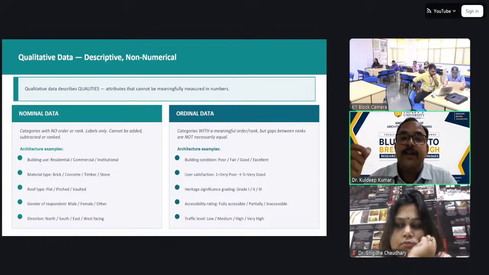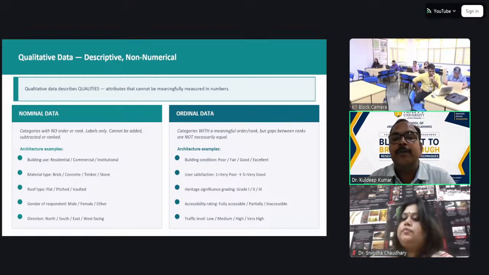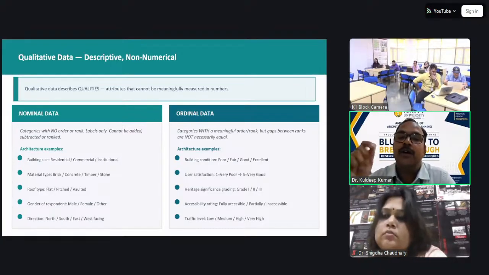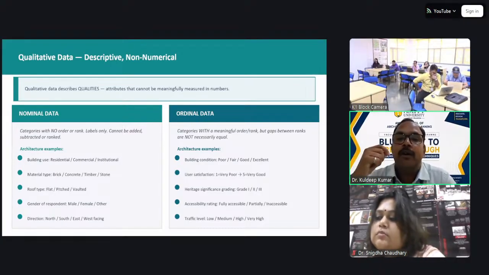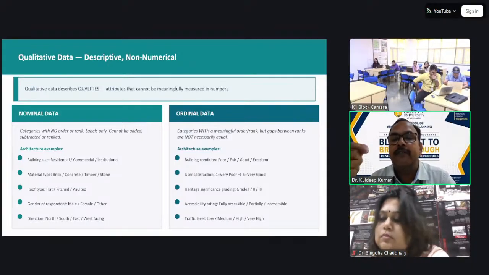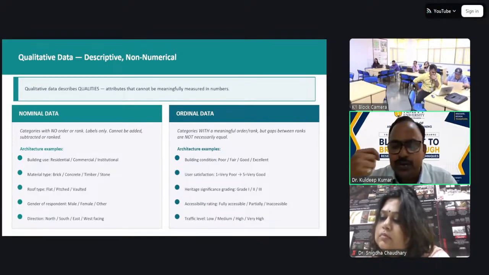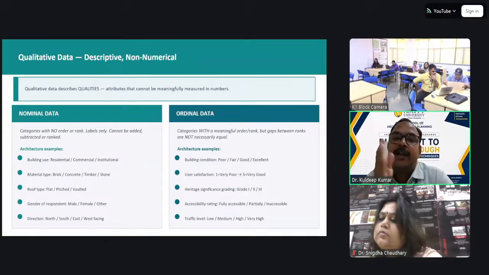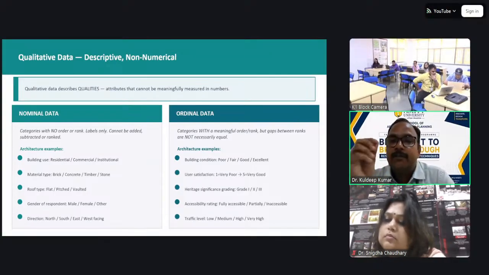In an architectural example, the condition of a building can be excellent, poor or very poor, or the walkability level on a street can be low or high. Similarly the level of traffic, or user satisfaction. Ordinal data just tells about the order.